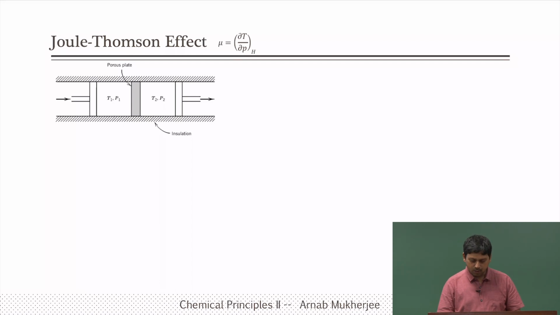Now, this device that you see here in fact makes the enthalpy constant. How, we are going to talk about. So, let us say our initial system is such that there are some gas particles here at temperature T1 and pressure P1, and this is the piston that is going to be pushed, and this place is the porous region.